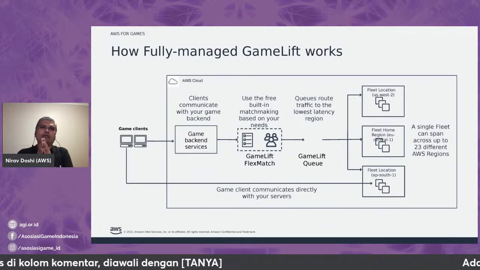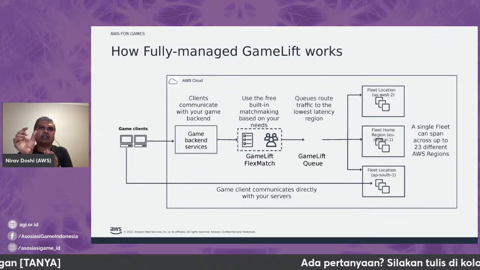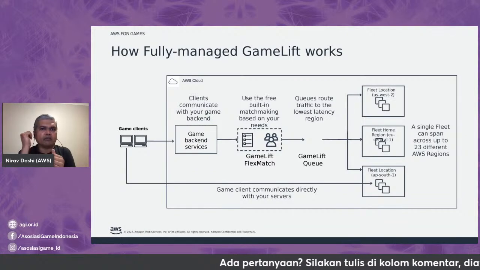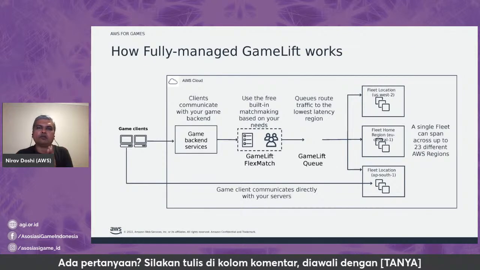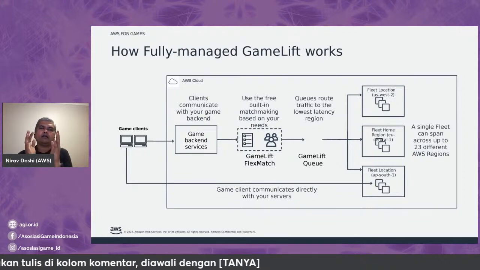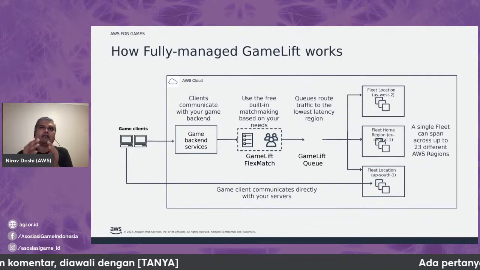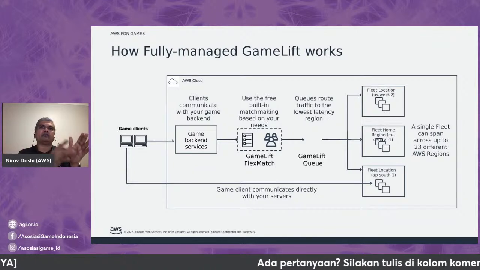It uses its algorithm to match your players, and then they are added to what is called a GameLift queue. Sorry about that. That queue icon seems to have been removed by the slides, but there's a queue there, which is able to further identify the best region for your player.